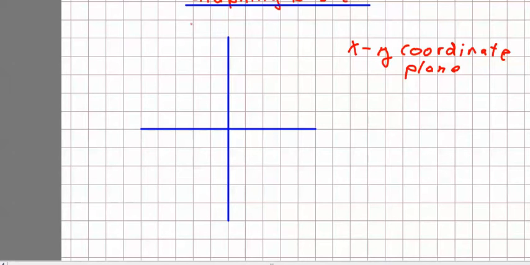The point where the two lines cross, right here, is called our origin. This line is our x-axis, and this line here is our y-axis.